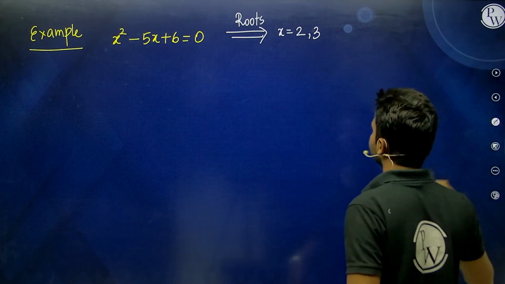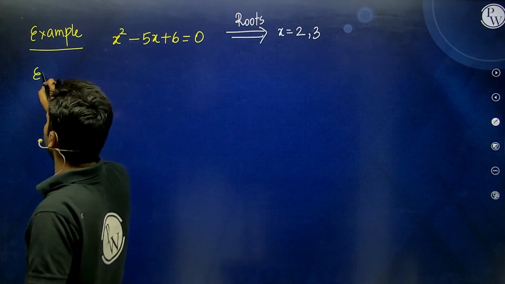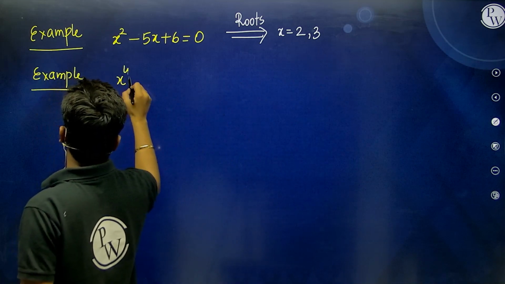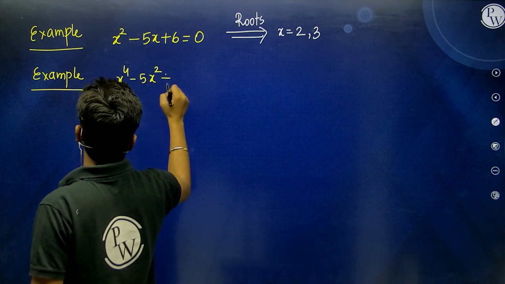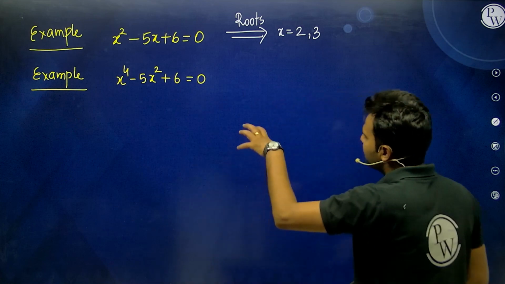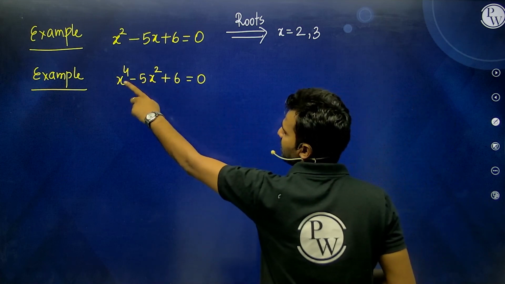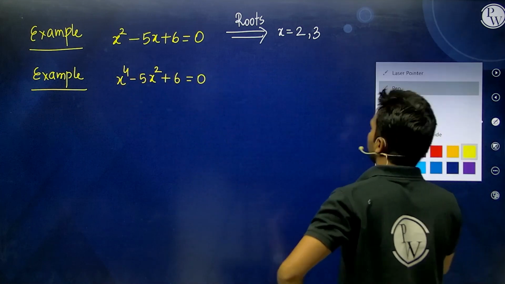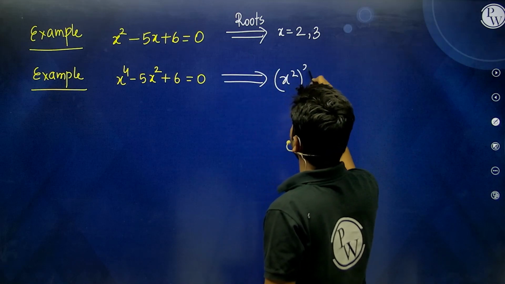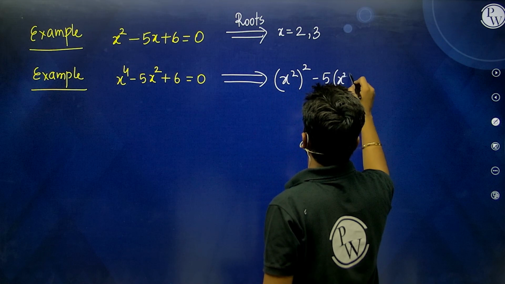I said okay. If I give you a problem like this, what can you do? You can say, sir, how to solve this problem? We can see that x square is coming multiple times in the problem. Yes or no? If you rewrite this problem like this, you can observe it in a fairly easy way.